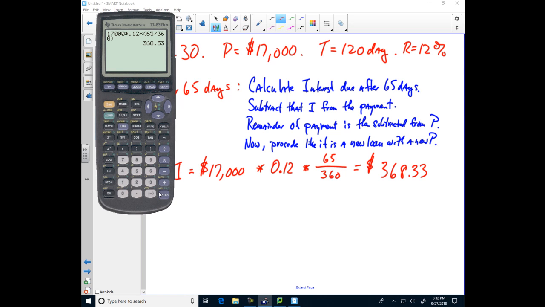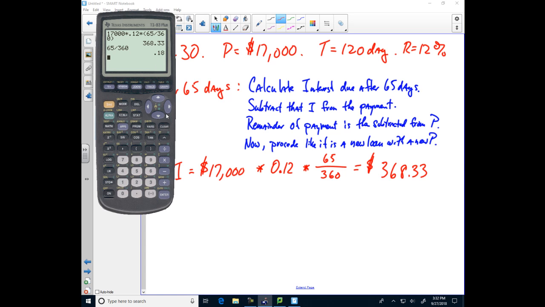By the way, let me show you something. How many people just have a simple calculator? How many people have a graphing calculator or something pretty fancy? Most of you are okay. If you didn't, you could do this: 65 divided by 360, enter.